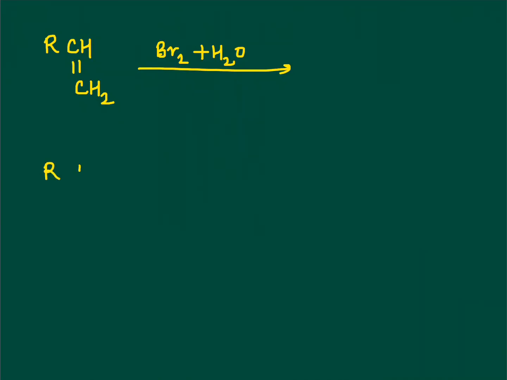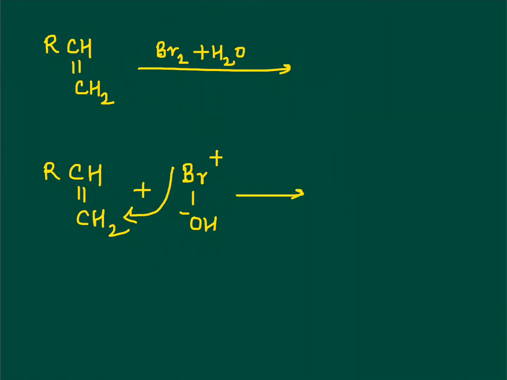RCH double bond CH2 plus Br positive OH negative. The positive part goes to the carbon bearing more number of hydrogen atoms. RCHOH CH2Br, as simple as that, right?